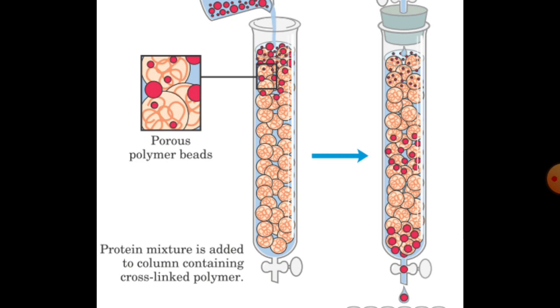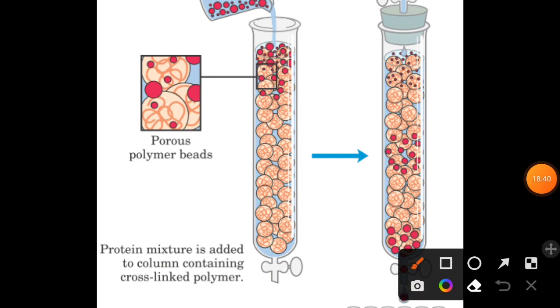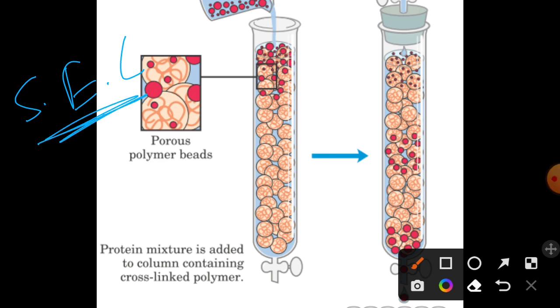That is the importance of that concept, because remember it very carefully, that size exclusion chromatography can only be used when they tell you to separate a mixture where the desired purified product is small. Okay, in such cases first of all you have to wash out all the larger debris.